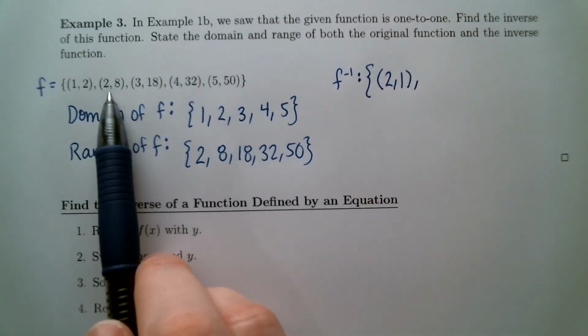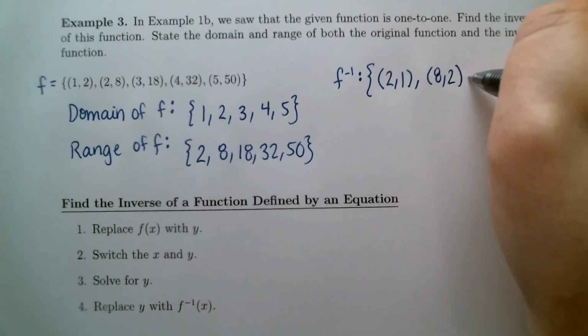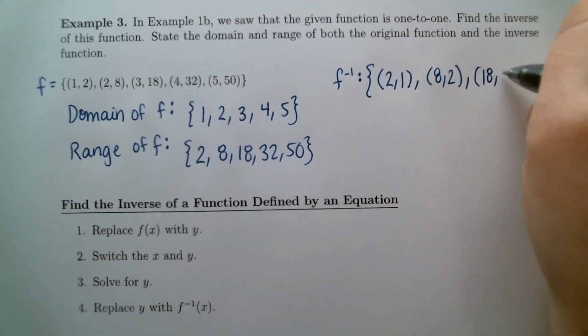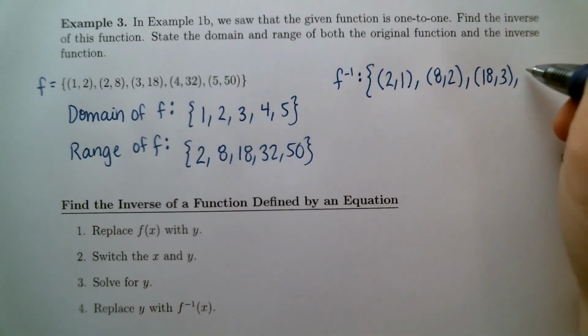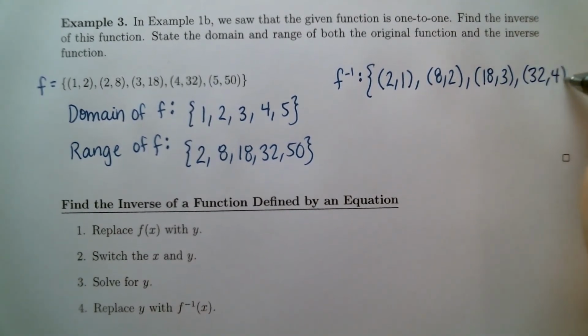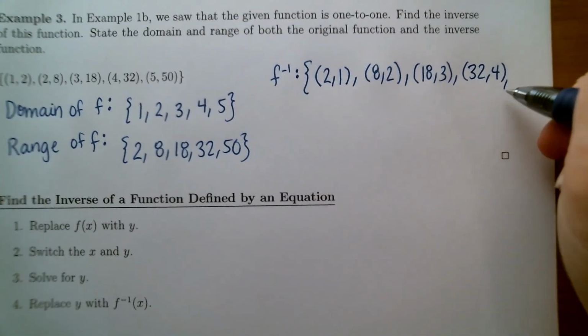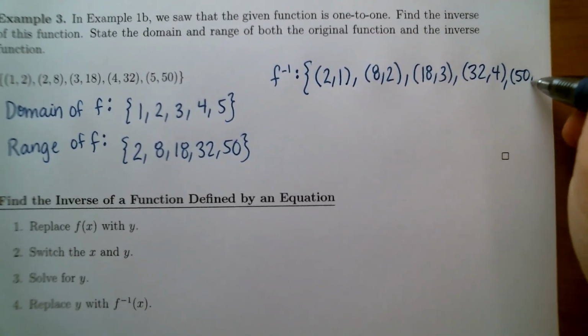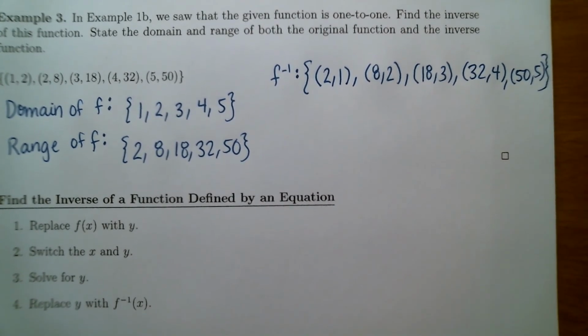This one is going to flip and become (8, 2). The third one switches to (18, 3), and so on. So this will become (32, 4). And this last ordered pair will be (50, 5). And all those ordered pairs go in braces.